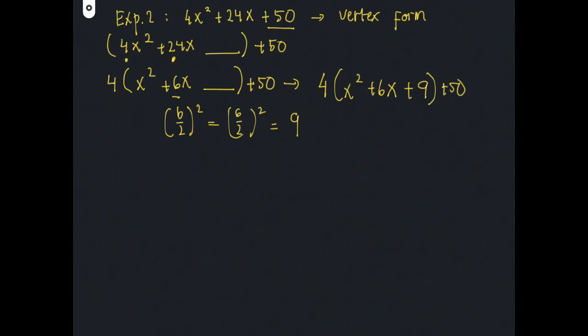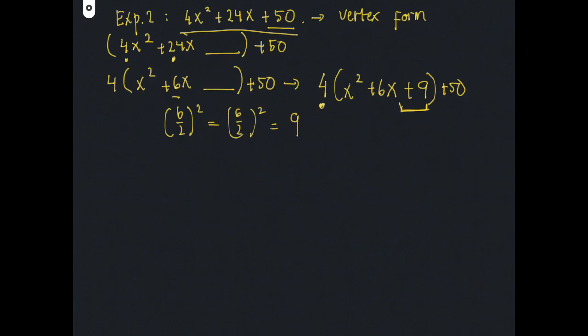This is the part, be careful, we add 9 over here. So we have to cancel it, remember, because we want to keep the original problem, which is over here, 4x squared plus 24x plus 50, the same thing. But if we add 9 over here, we're actually adding a new number to this problem. And now we have to cancel that. However, when we're adding 9 over here, when there is a number in front of the parentheses, we're actually not just adding 9.